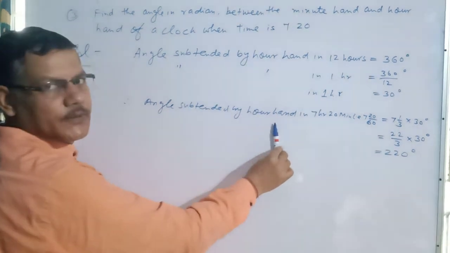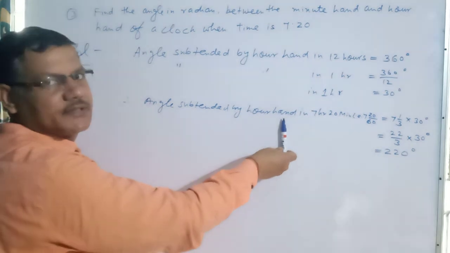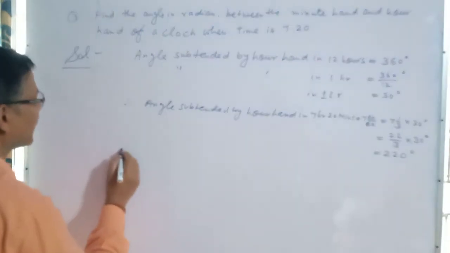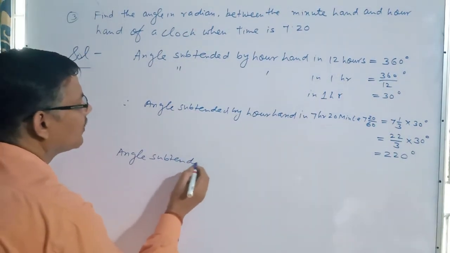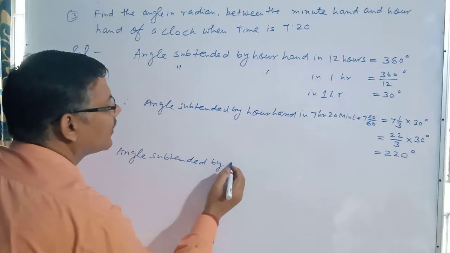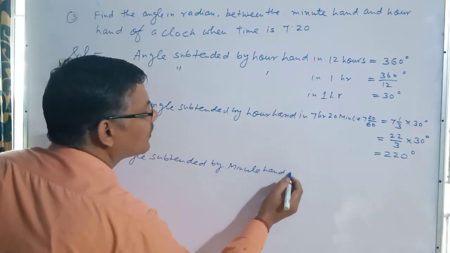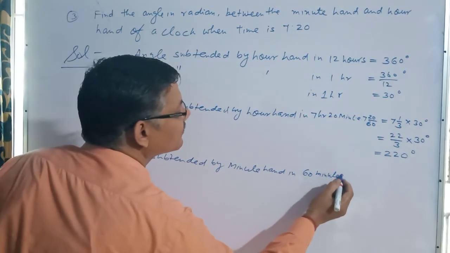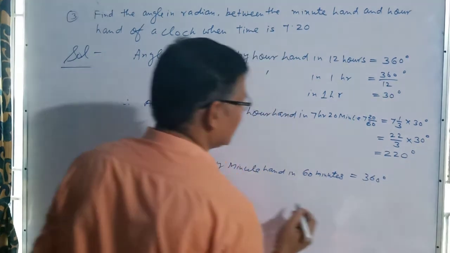Now what about the minute hand? It starts from here and moves. How many minutes? 60 minutes. So the angle subtended by the minute hand in 60 minutes is equal to 360 degree.